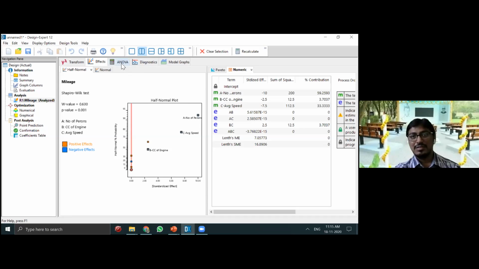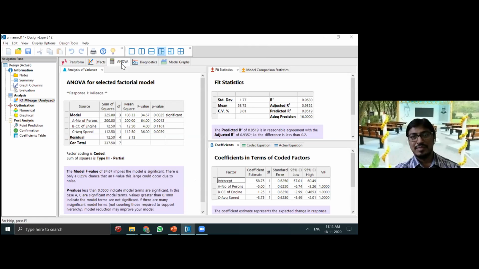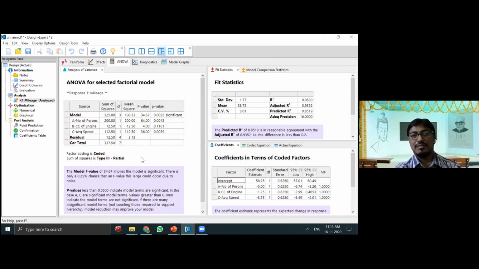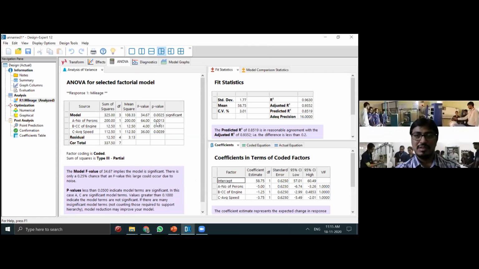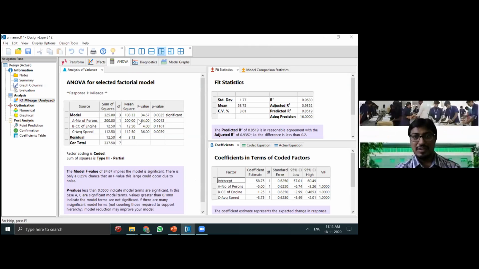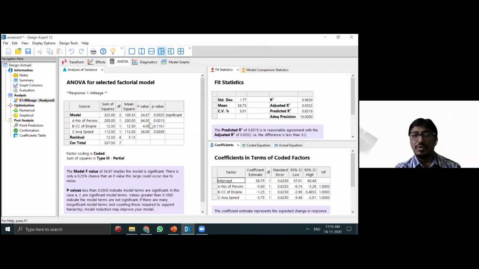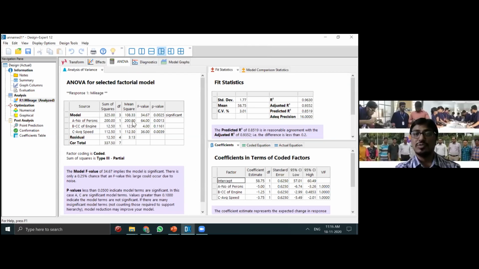Okay, so once you've done this, you go to ANOVA. Then the ANOVA table is already displayed here. Now let us see. The F value tells us which factor is affecting more.